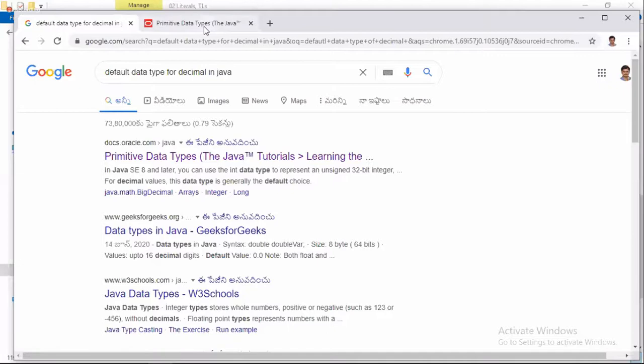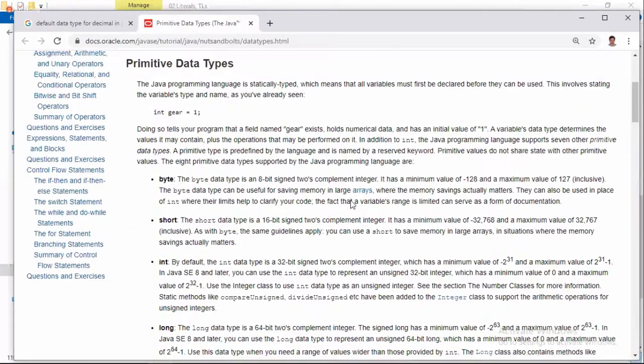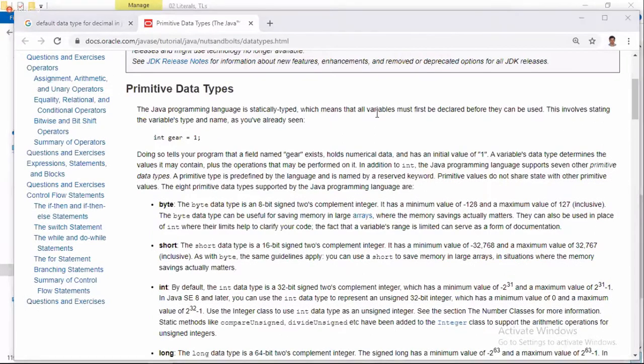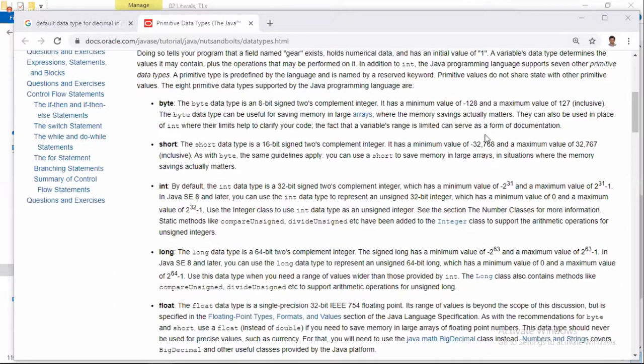Sun Microsystems documentation on primitive data types: the Java programming language is statically typed, which means that all variables must first be declared before they are used. This involves stating the variable's type and name. The type determines the values it may contain plus the operations that may be performed. Java supports eight primitive data types.